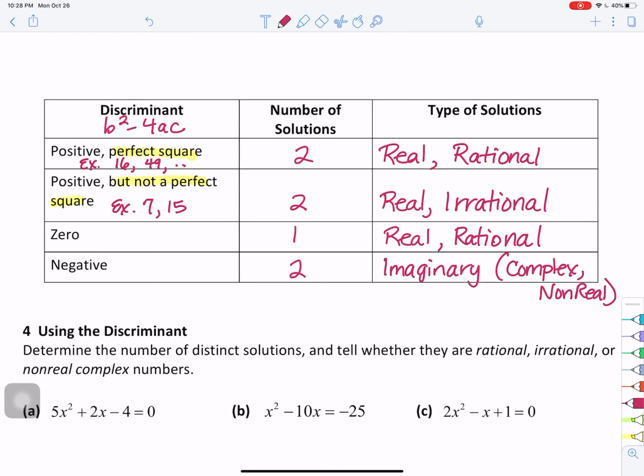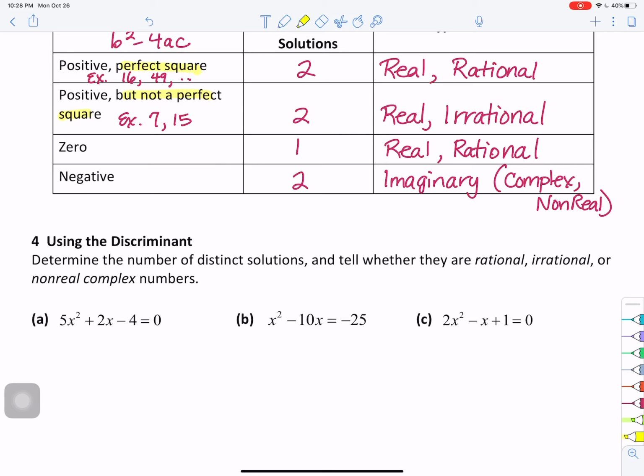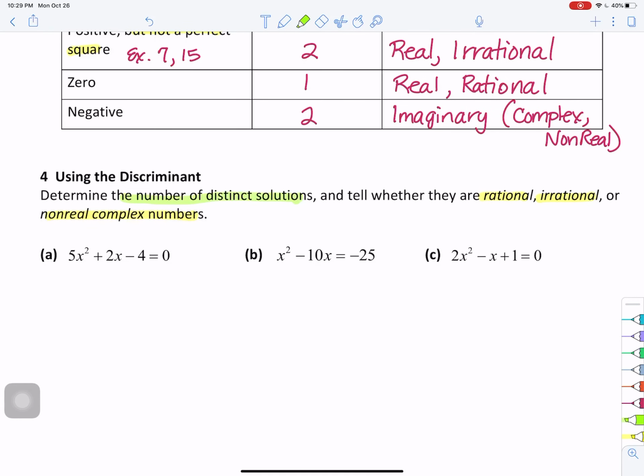So we're not going to solve these. All we're going to do is we're going to look at these equations, and we are going to tell whether the solutions are rational, irrational, or non-real, and we're also going to tell them how many solutions there are. All from the discriminant.